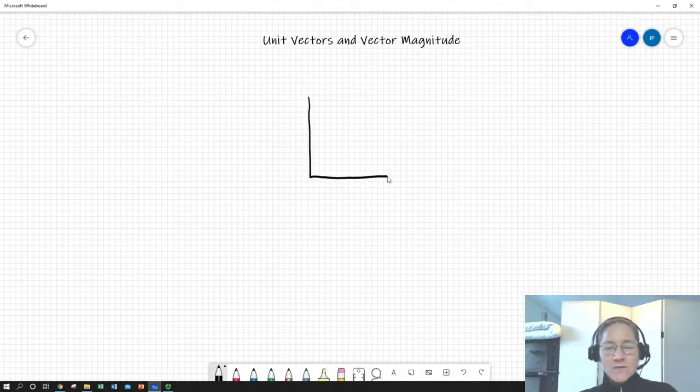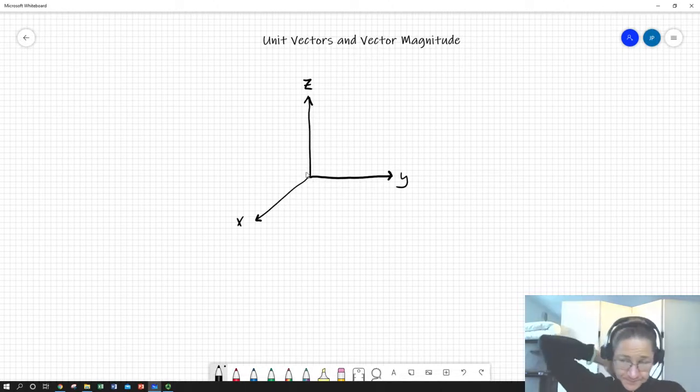Vectors are used to describe some of the most important quantities that we work with in engineering statics, things like moment or torque, and of course force, and things like position relative to a reference point.